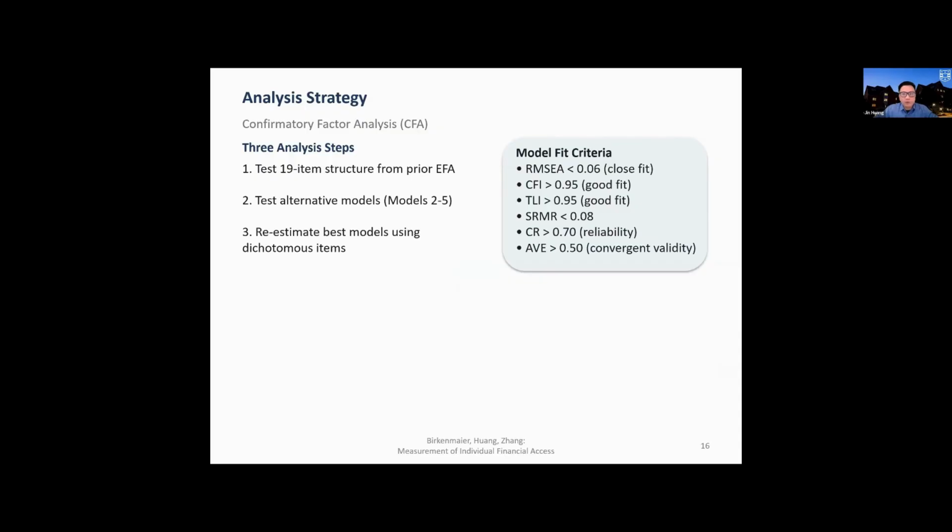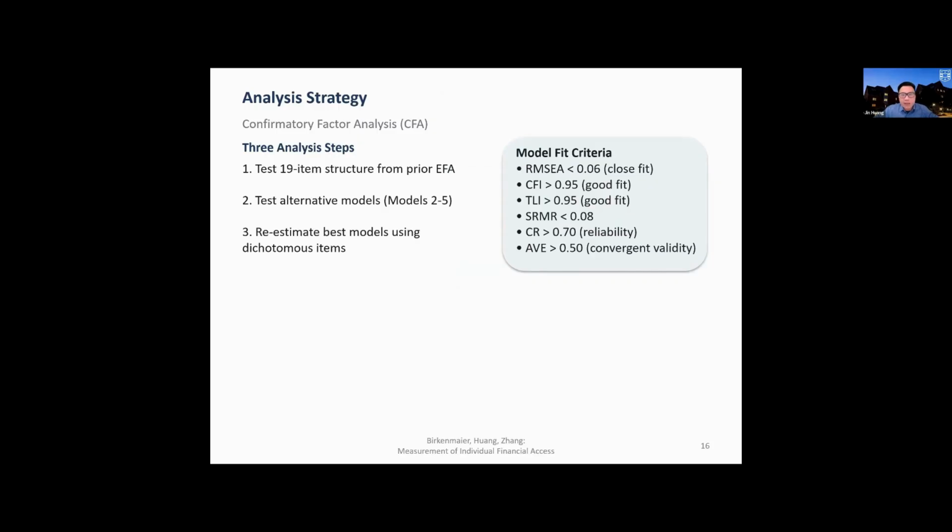Okay, here you can see the analysis strategy for our final phase of validation. Our initial exploratory factor analysis in the last phase identified a 14-item factor structure. However, to ensure the scale remained grounded in the core products we often track, we added 5 basic products to these 14 survey measures.